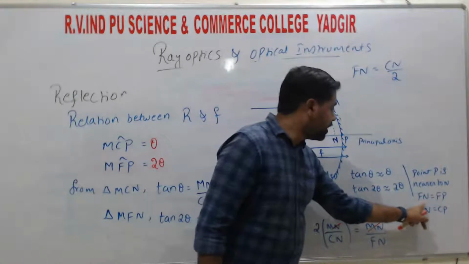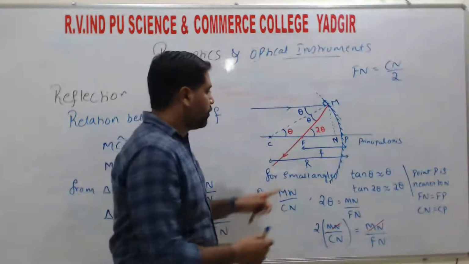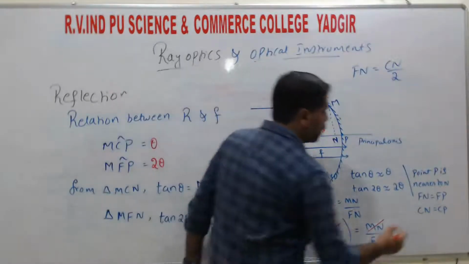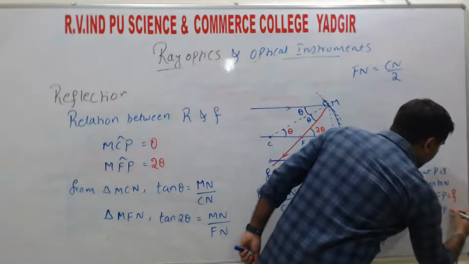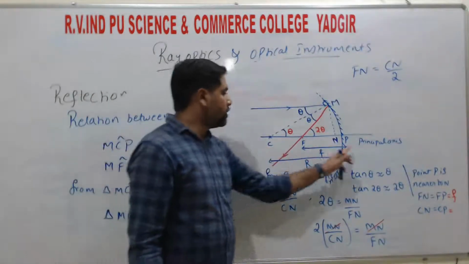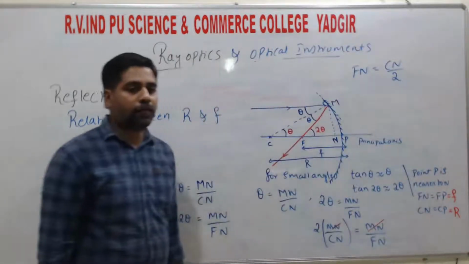So we can write FN is equal to FP, CN is equal to CP. And FP is the focal length, that one is F. Here CP is the radius of curvature, that is R, right?